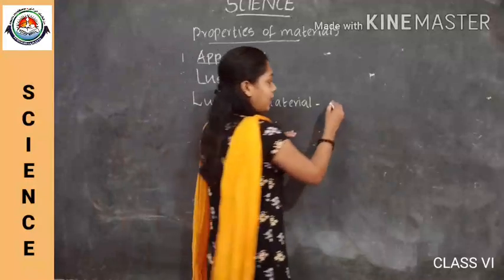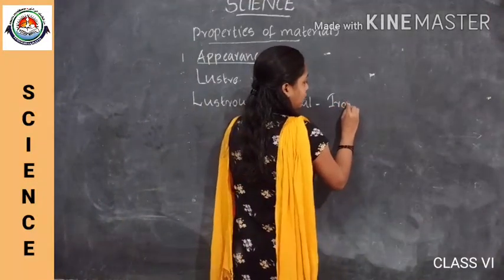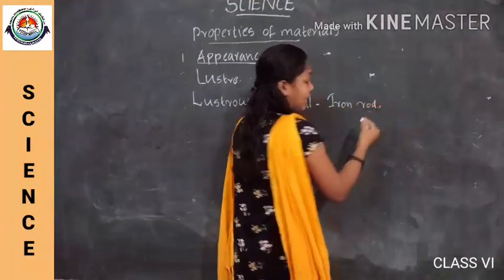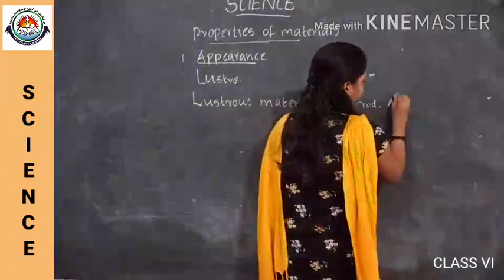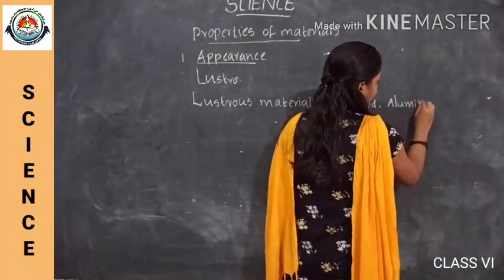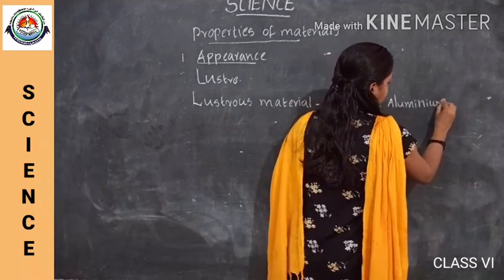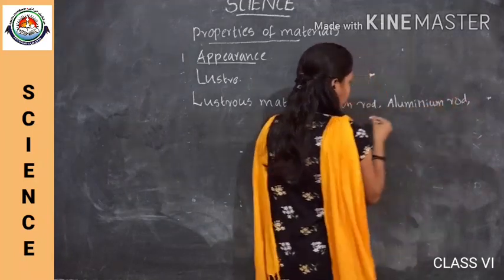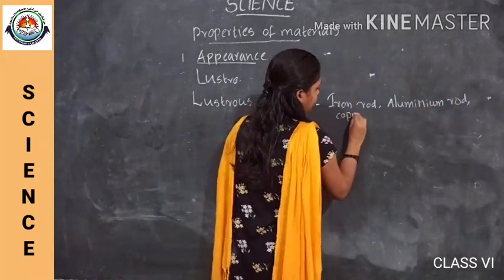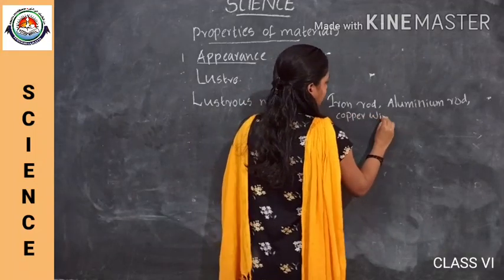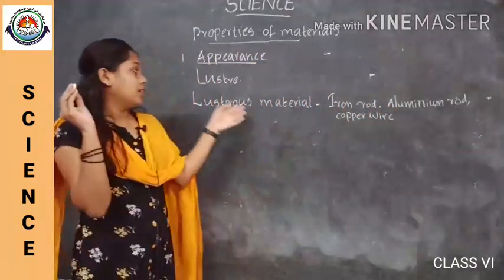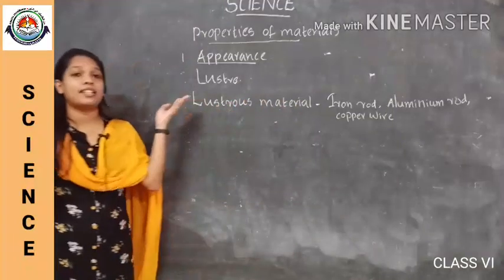So the examples are iron rod, then aluminium rod, and copper wire, etc. These are the examples for lustrous materials.